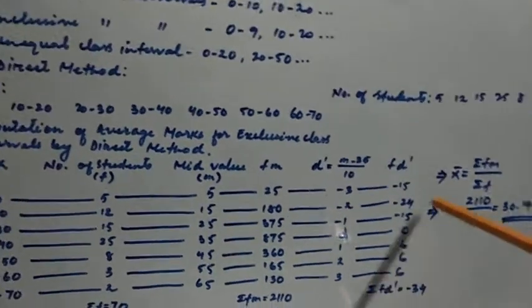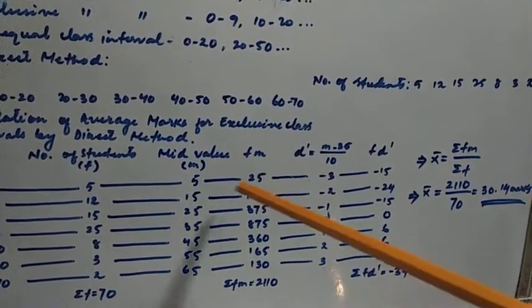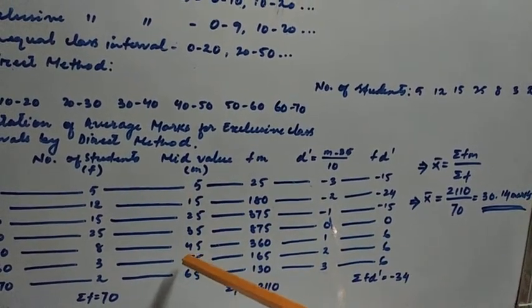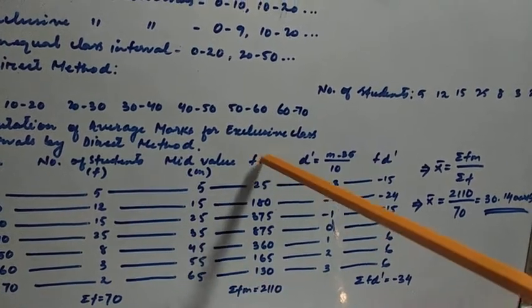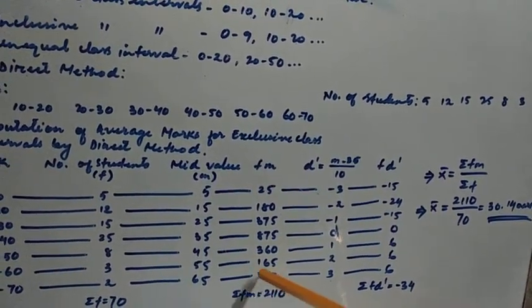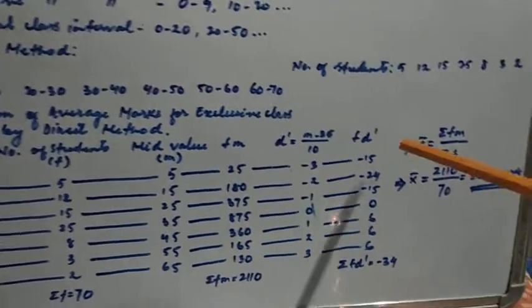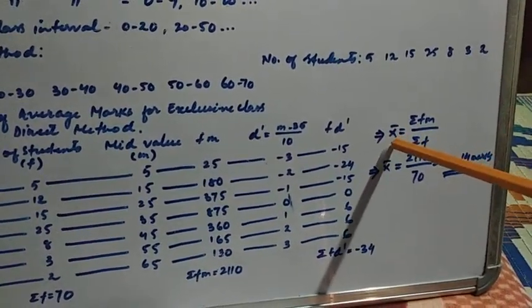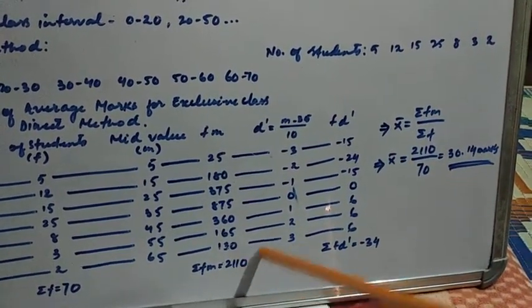So what are the steps involved here? Obtain the mid values. We have obtained these mid values denoted by m. Second step is to obtain summation fm. So we have obtained this summation fm, and then apply the method directly. The formula is this one. Summation fm is 2110.